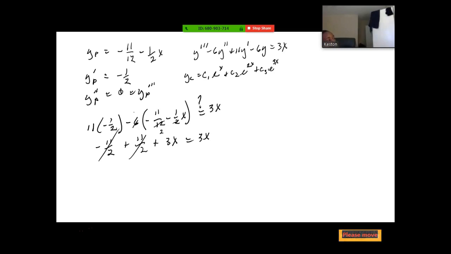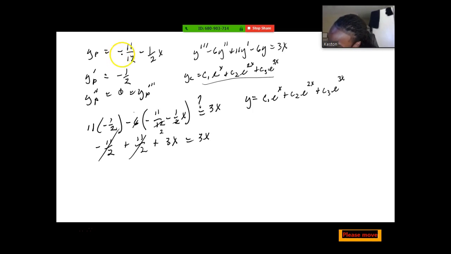So we have a complementary solution, and we've just shown that a particular solution works. So what's the general solution? Y is equal to the complementary solution, C1e to the x plus C2e to the 2x plus C3e to the 3x.